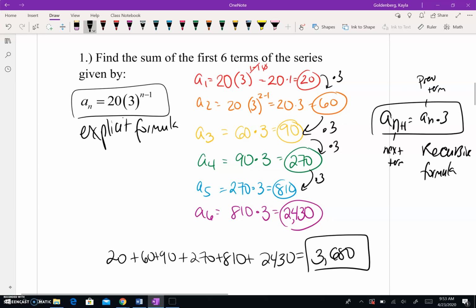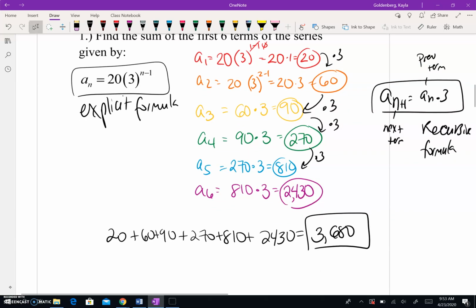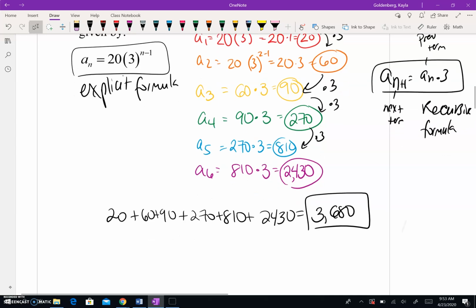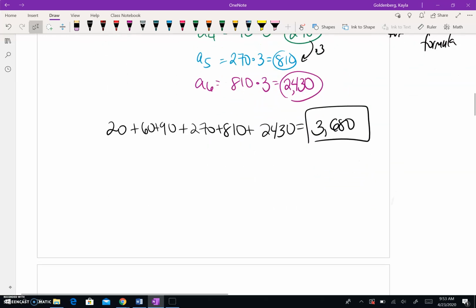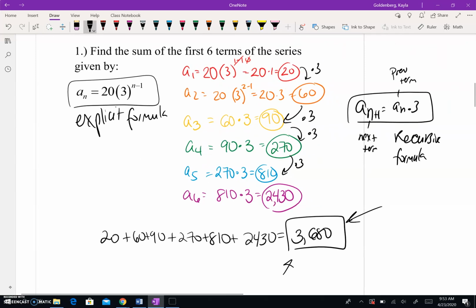Oftentimes I'll say, write it either explicitly or recursively, but once in a while I will ask you a question where I say, can you take this recursive pattern and figure out what the explicit rule would be. So sometimes you'll have to go back and forth. And here's my answer at the bottom. If you look down here, I added them all together. Okay, so let's move on.